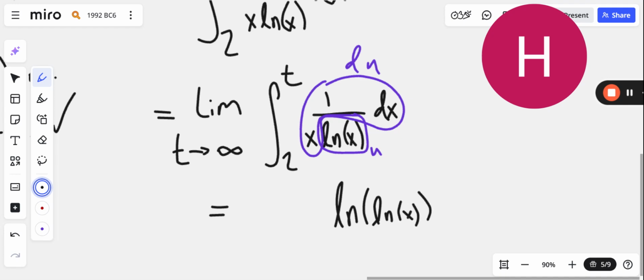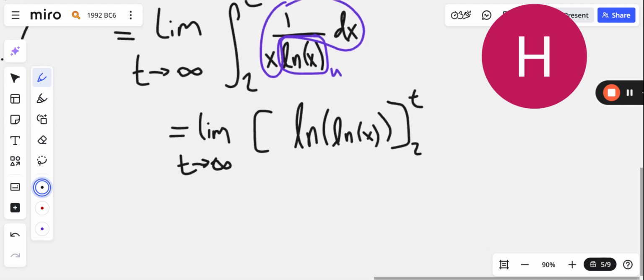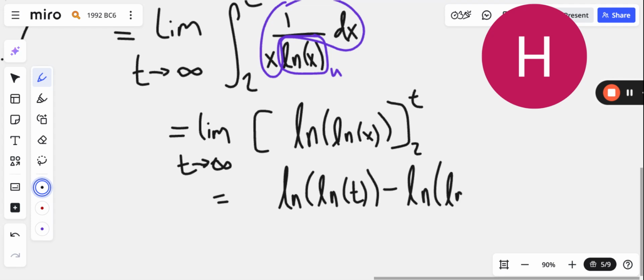And we're taking the limit as t goes to infinity. That's 2, that's t. So here we can break this up. We can say ln of ln of t minus ln of ln of 2. And we want to send t to infinity.